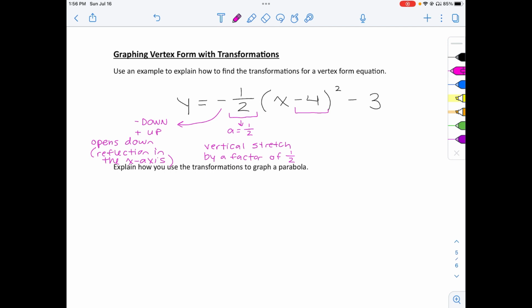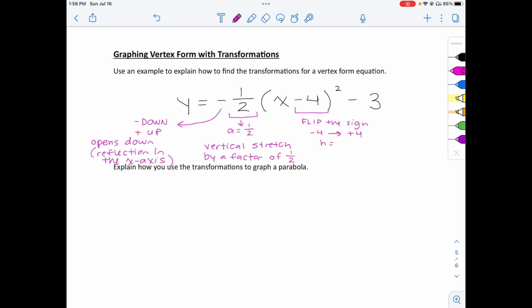This piece here is my h value, and we need to remember, like I said, with the x's, we're flipping the sign. So this looks like -4, but we're going to flip it to be +4.